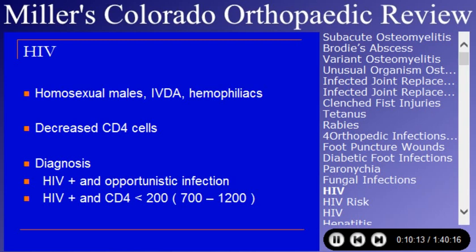Occurs in homosexual males, particularly IV drug abusers, and huge incidence in hemophiliacs, associated with a diminished number of CD4 or helper T cells. Diagnosis of AIDS is patient is HIV positive and has an opportunistic infection, or HIV positive and has a CD4 count of less than 200.